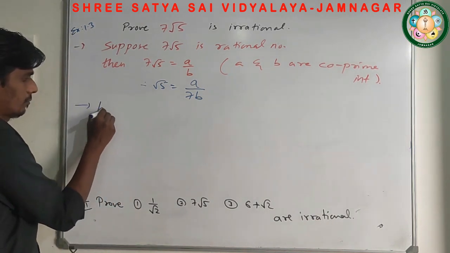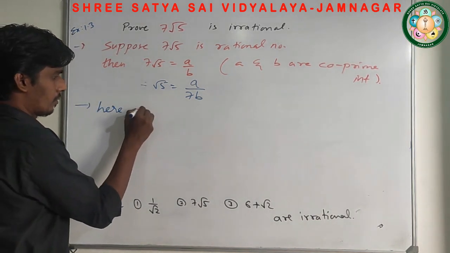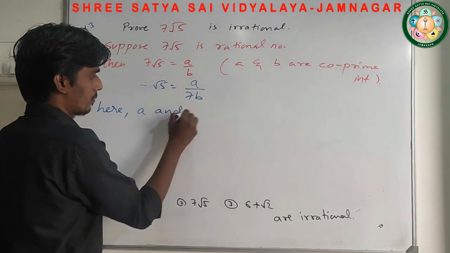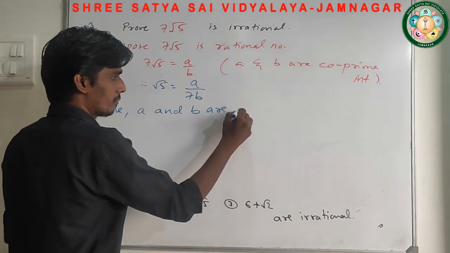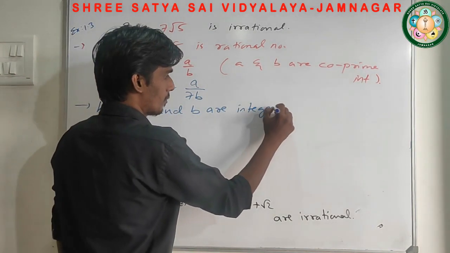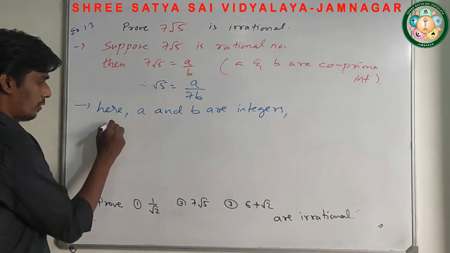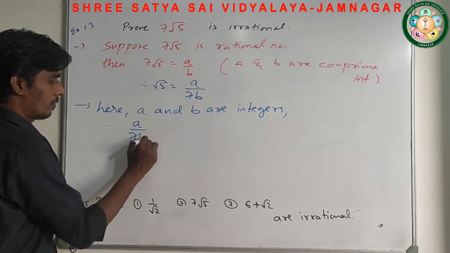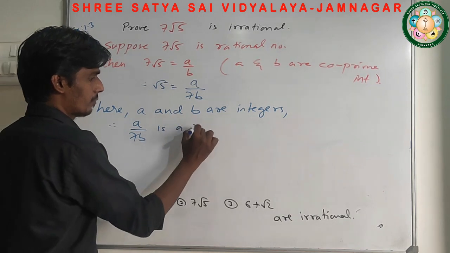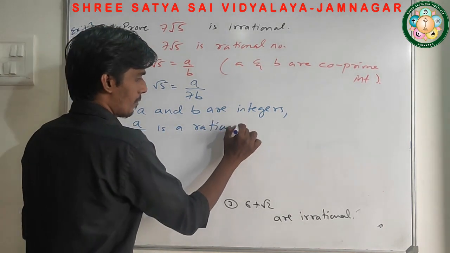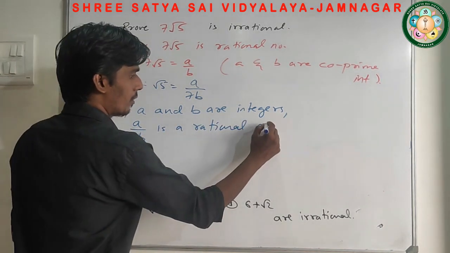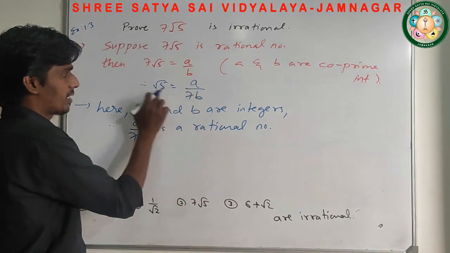Here A and B are integers, therefore A upon 7B is a rational number, and if it is rational, this is equal to root 5.